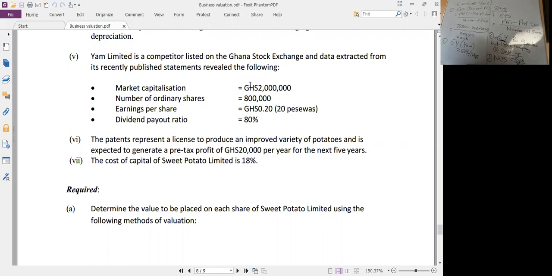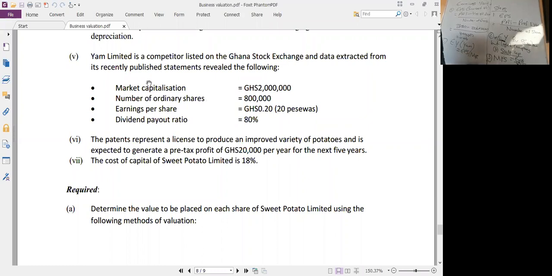They do have 20,000 shares, and the market capitalization will be the total market value of the entire business. Then the number of shares, 800,000.